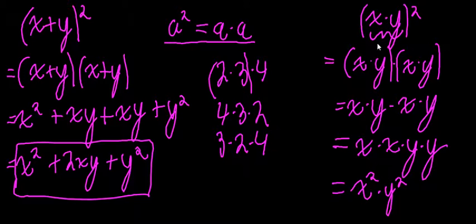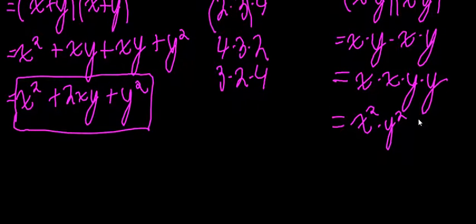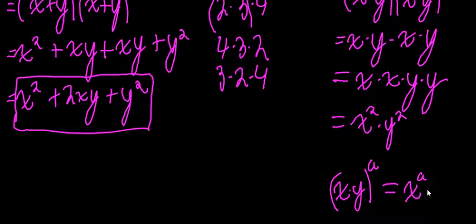So (x · y)² is equal to x² times y², and actually in general, (x · y) raised to any power a, where a can be any number, is equal to x^a times y^a.